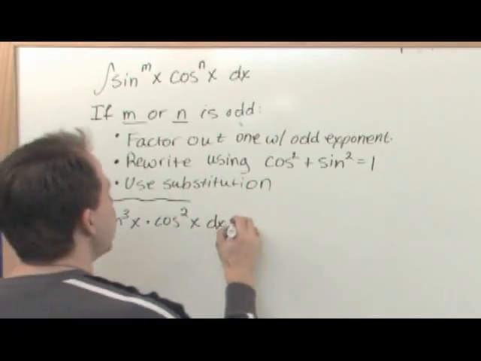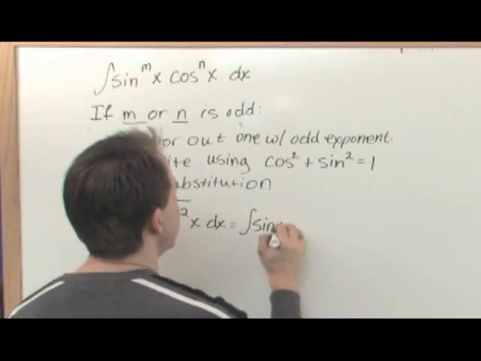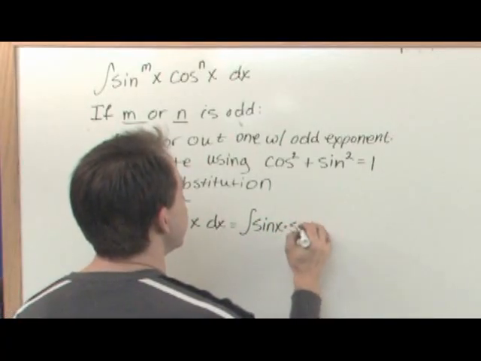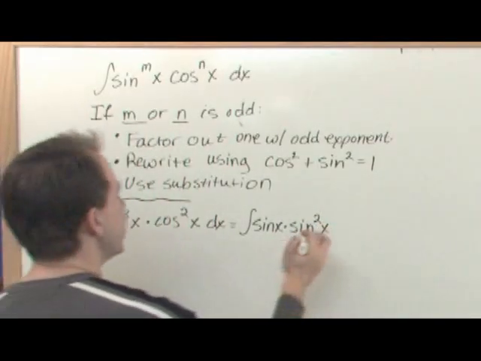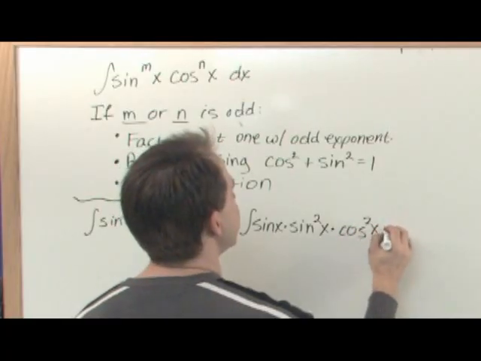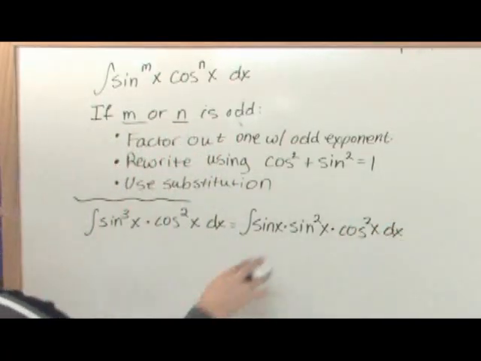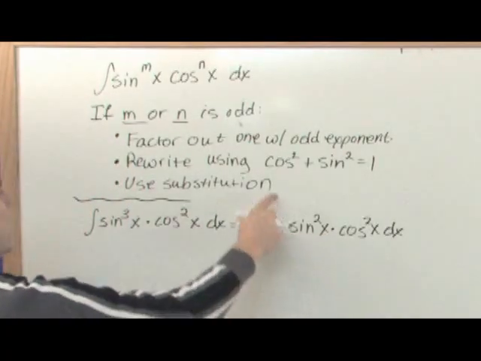So I'm going to rewrite this integral as sine of x times sine squared of x times cosine squared x dx. That's what I mean by factor it out. We've just pulled out one of these sines. The next thing I'm going to do is rewrite this sine squared using this identity.